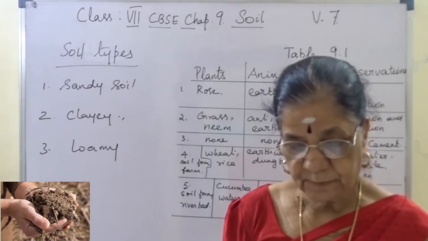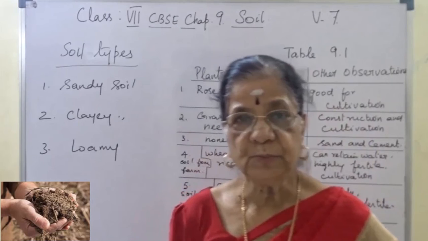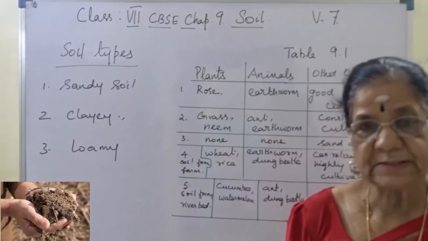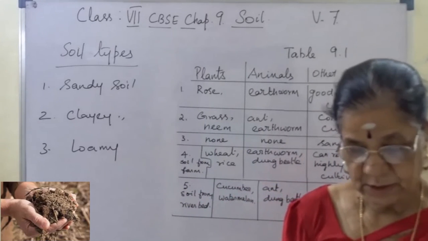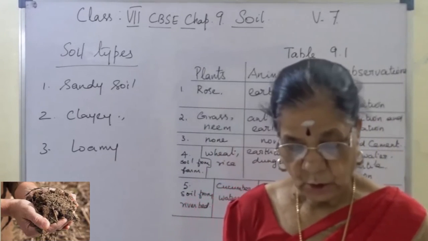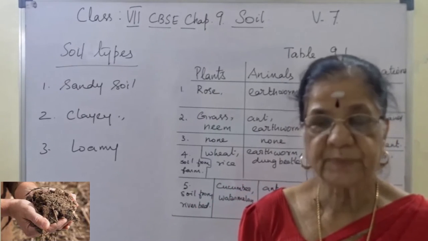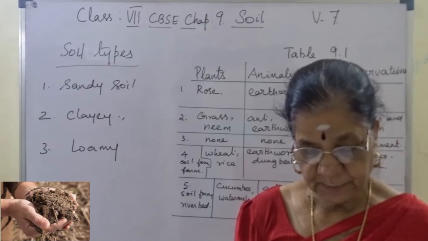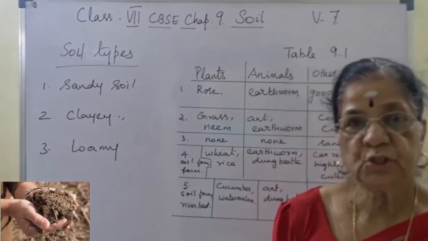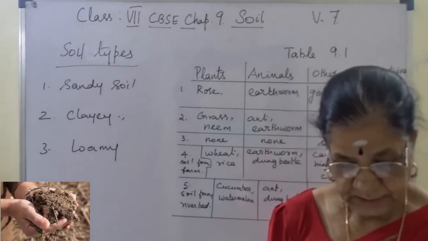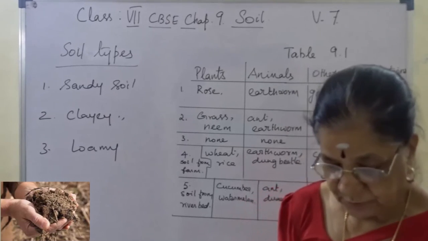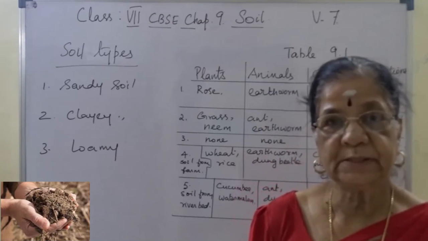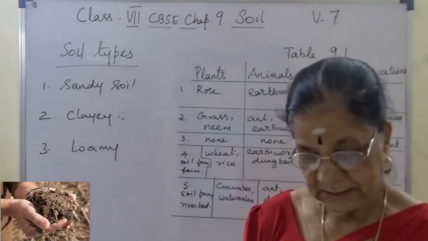So the mixture of rock particles and humus is called the soil. Living organisms such as bacteria, plant roots and earthworms are all important parts of any soil. Then the soil is classified on the basis of the proportion of particles of various sizes. If the soil contains a greater proportion of big particles, it is called sandy soil.